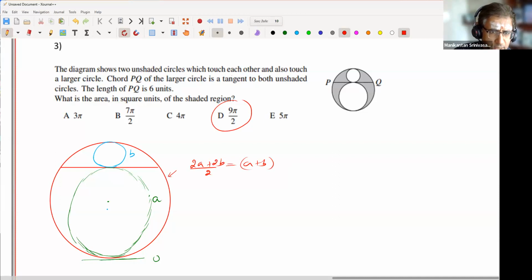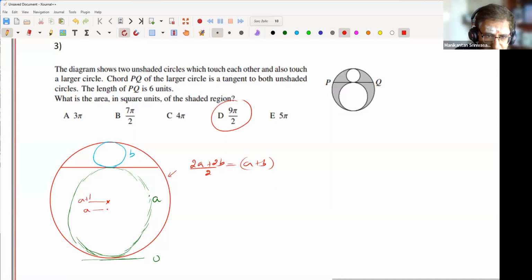So the big circle center would be here. Okay, so this is the height. So this is at the green circle's level. This is at the big circle's center. And then, okay, all right. So now I can draw a perpendicular here. And I can connect this with this.